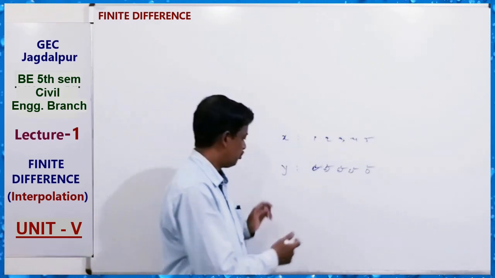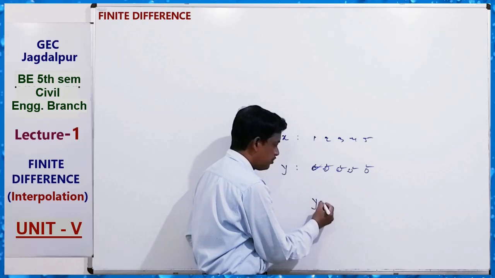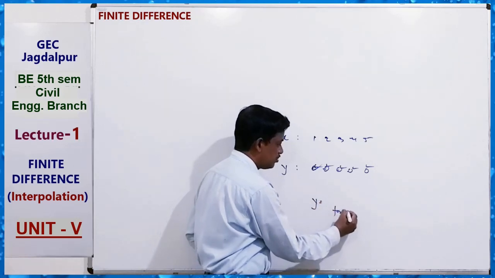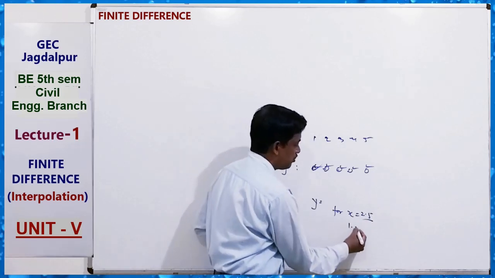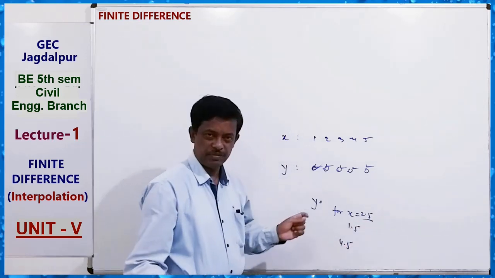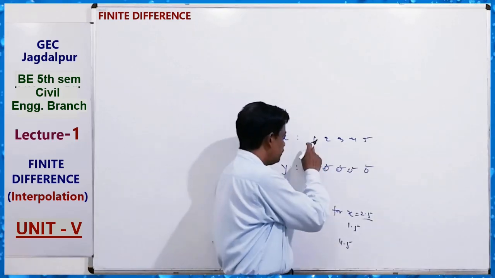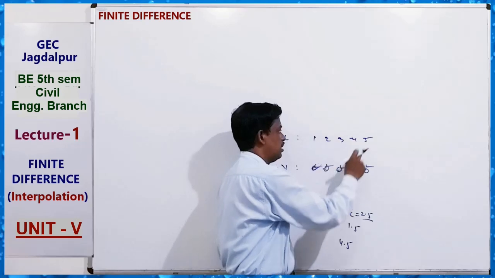So what will be the value for x equals 2.5 or 1.5 or 4.5? That means in this range from 1 to 5, except these points.